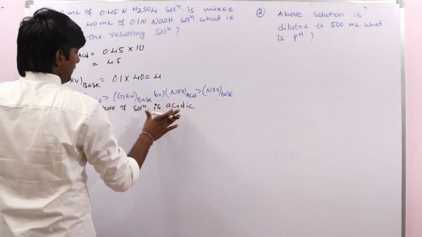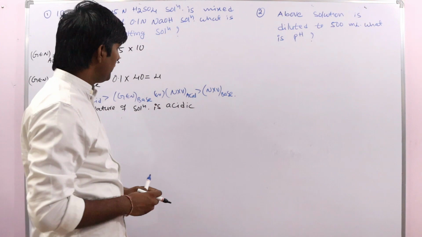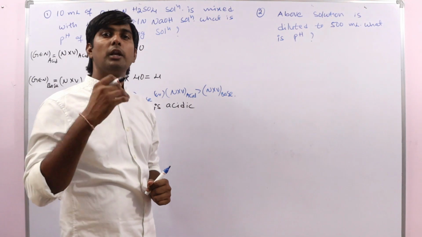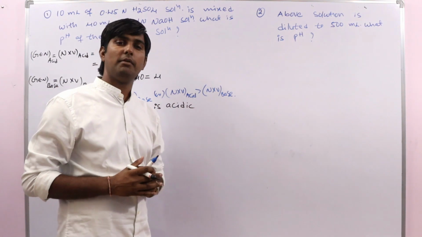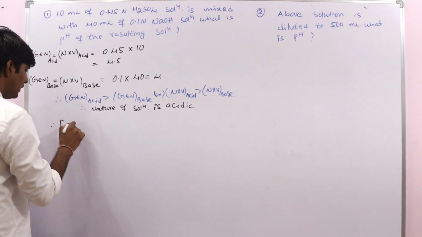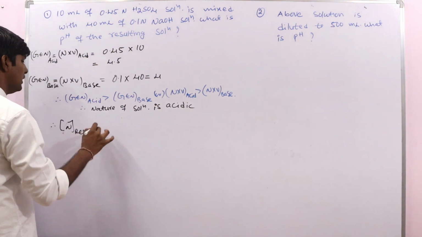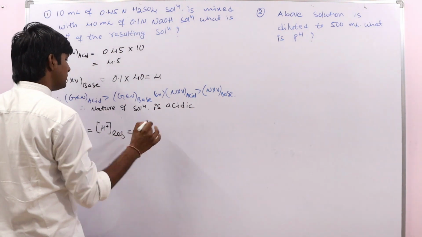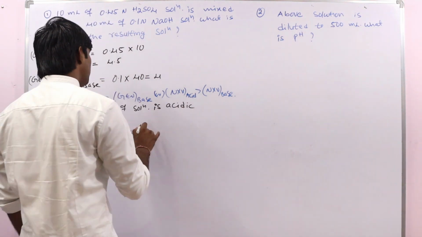Here in this solution we now have to find the resultant H plus ion concentration, because some H plus ions are completely used to neutralize the base. The remaining H plus ion concentration in this solution we should find out. This concept we already discussed. So the resultant normality, that is the concentration of H plus ions present in the resulting mixture, what is the formula?